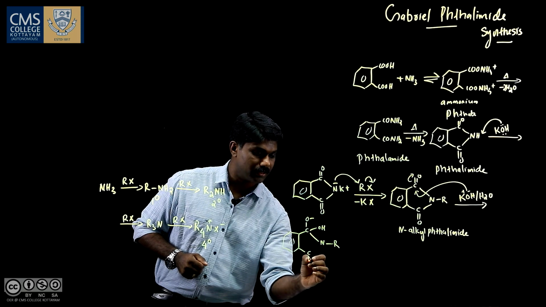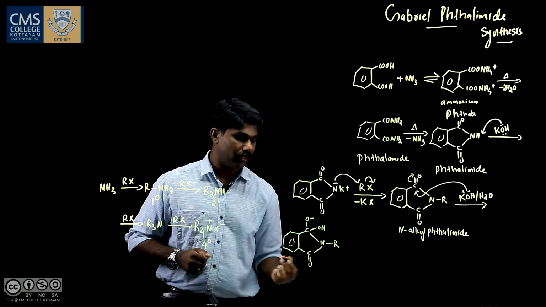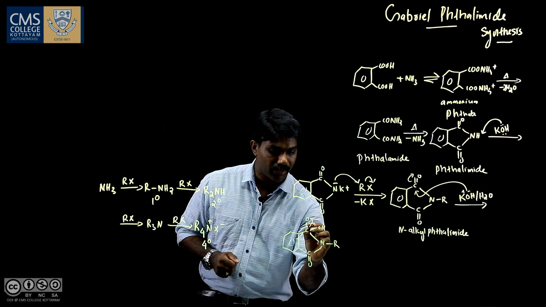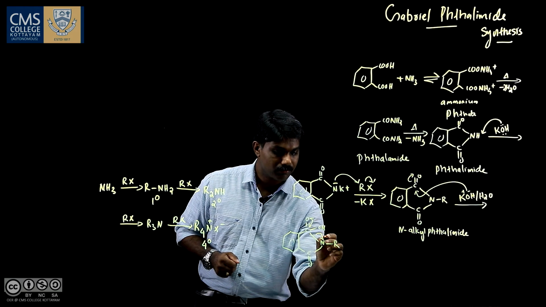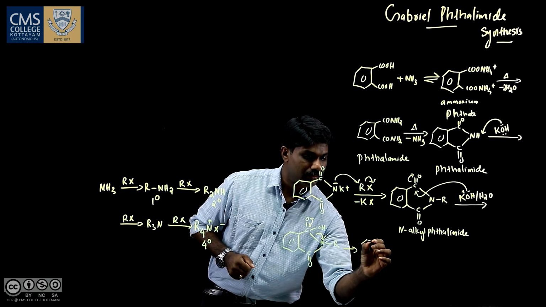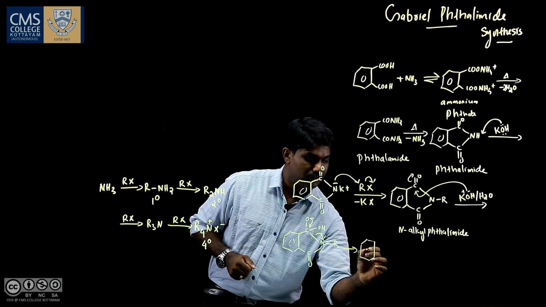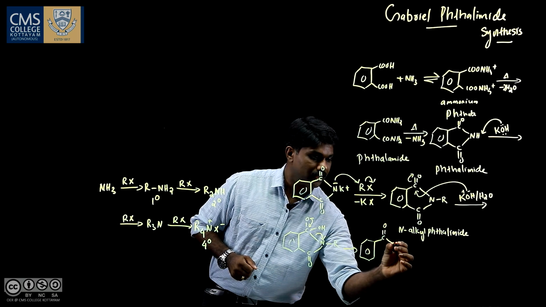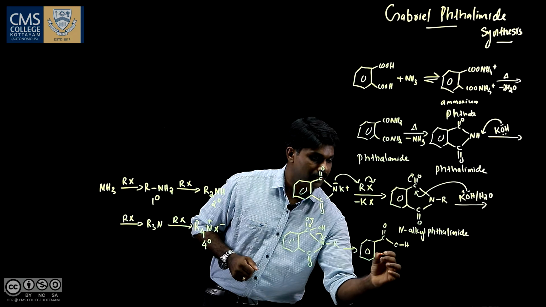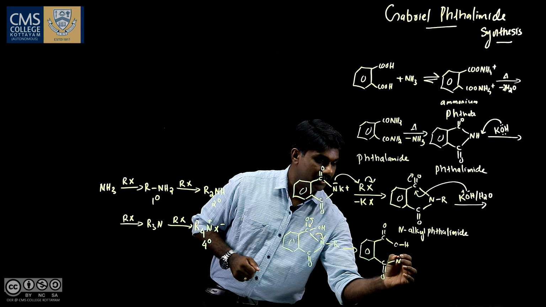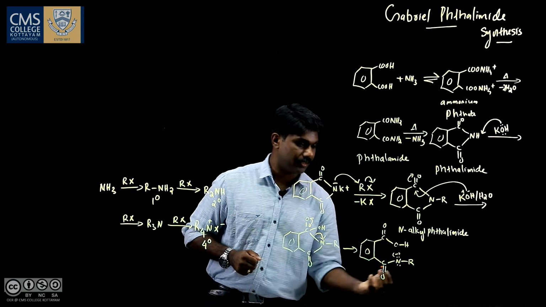When this negative charge comes back, the bond gets shifted to nitrogen. So we get C double bond O, OH, and C double bond O, N with a negative charge and R.